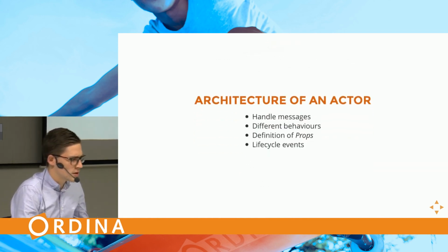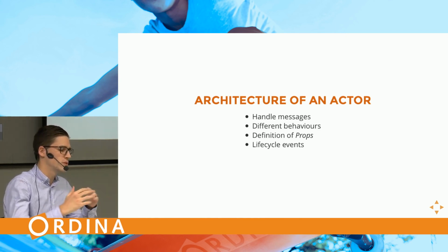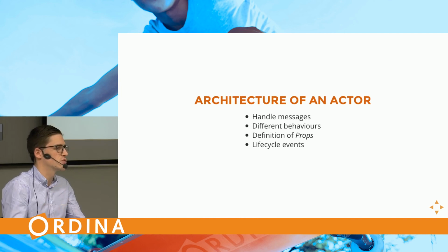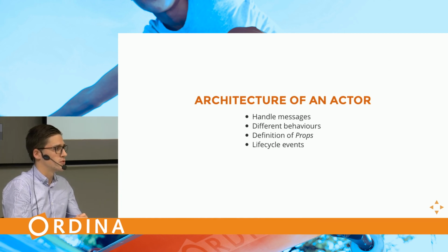About the architecture of an actor. If you look at the code of an actor, you will see that there is always a part in which it defines the logic for handling messages. In a different part, you have the definition of the messages itself, and these are always defined as an inner class.